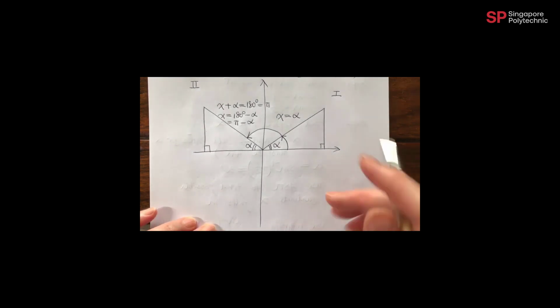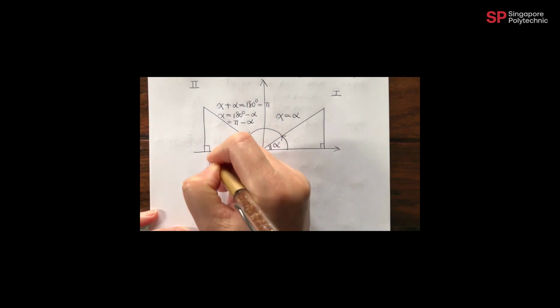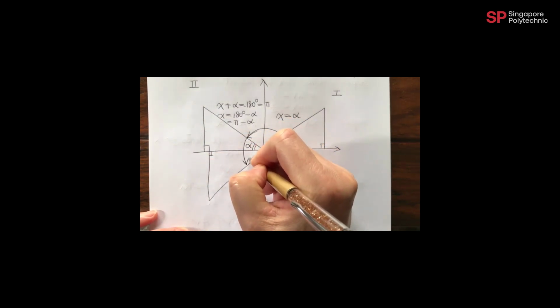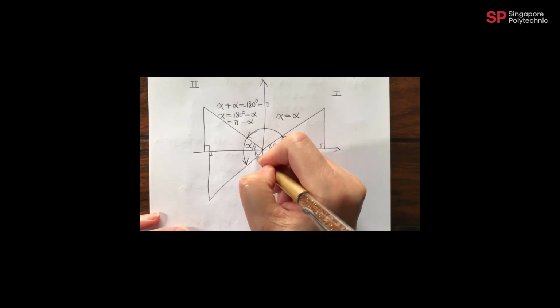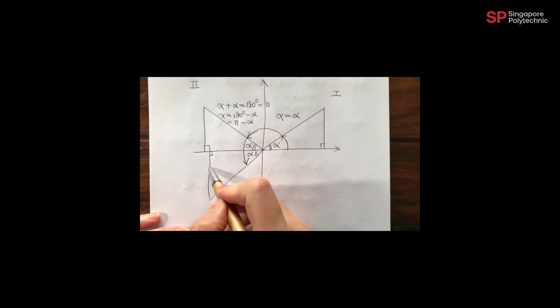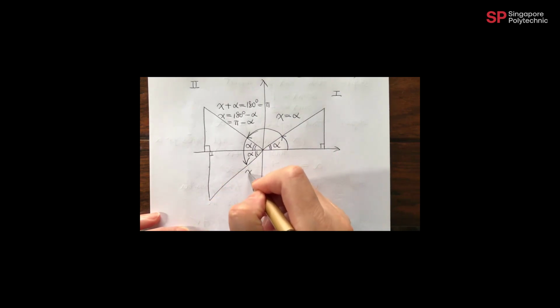Now if my angle is rotated all the way to the third quadrant, that is over here. So this is the acute angle alpha that will help me to see the opposite and adjacent side. And this is how big my angle x is.